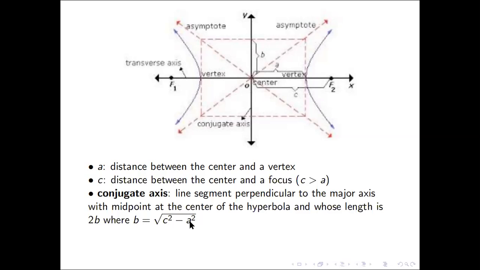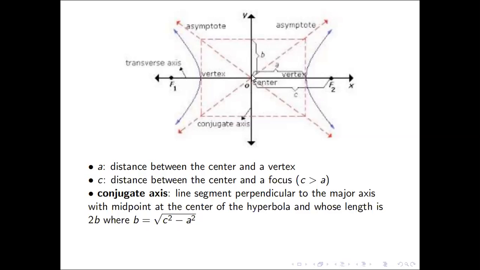Well, you don't really have to worry about that since this won't be included in the departmental quiz. However, I want to give you an idea at least of how we came up with the equations of a hyperbola, though we won't be deriving them. I want you to know where these definitions came from. So given 2b here, where b is equal to this quantity, we define the conjugate axis to be this line segment, and its length is 2b.